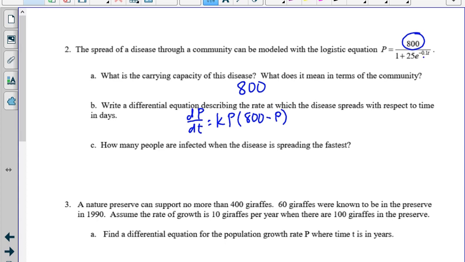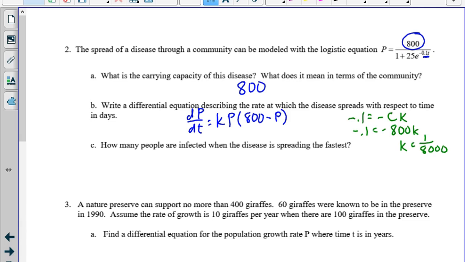In order to find k, we know that negative 0.1 is equal to negative c times k. So c was 800. So negative 0.1 is equal to negative 800 times k. That means k is equal to 1 over 8,000.